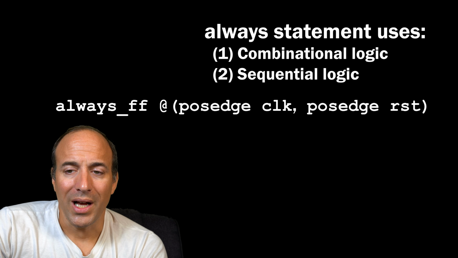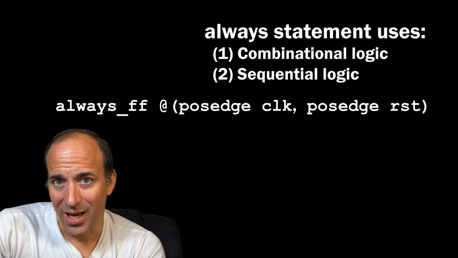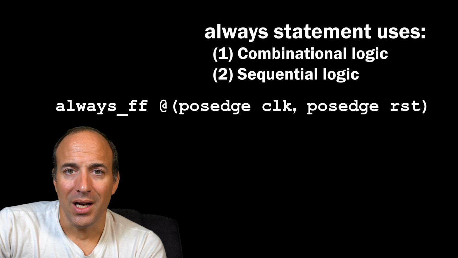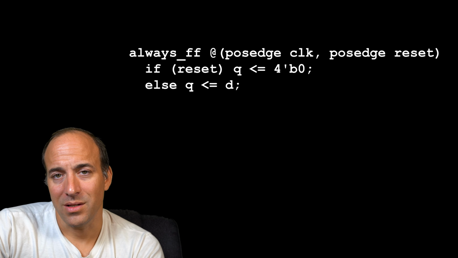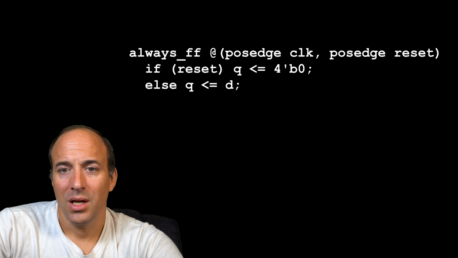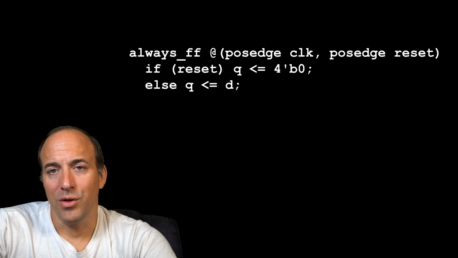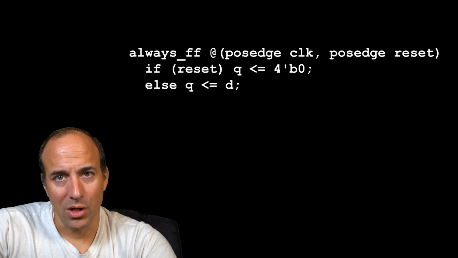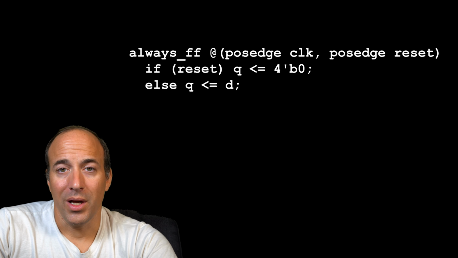And you can optionally follow that by a comma and additional signals. For example, you can say posedge reset if you want your always statement to activate on the change of reset, meaning that you can support asynchronous resets. In other words, you can reset the state of your sequential logic without having to wait for the clock.